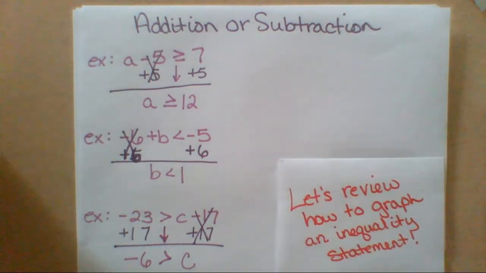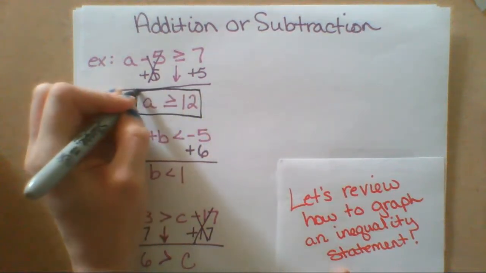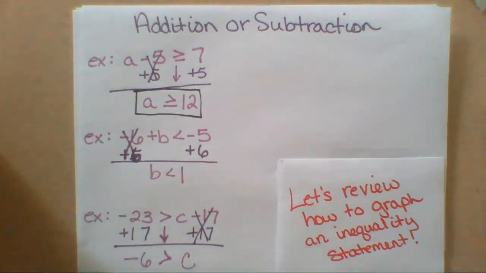Now, let's review how to graph these inequality statements. Going back to the first example here, we ended up with a is greater than or equal to 12. So we need to come up with a graph that represents all possible solutions for a. That's what we do when we graph. We're representing a whole list of numbers that could be a.